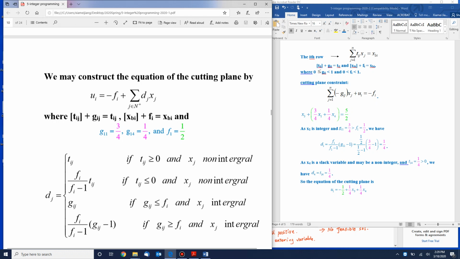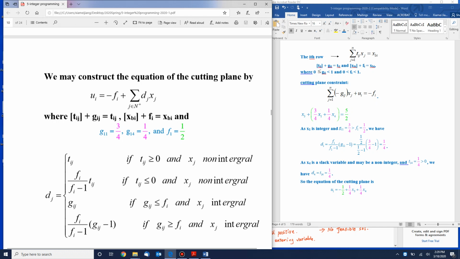Because T14 is 1 over 4, which is greater than 0, we choose the first formula. So D4 equals T14 equals 1 over 4.